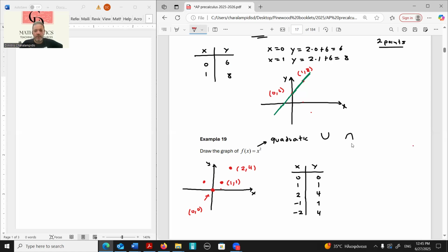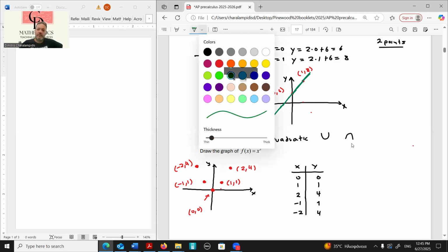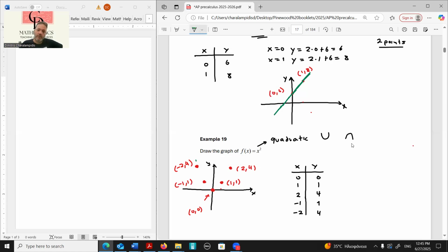Negative 1 and 1 should be here, and negative 2 and 4 should be here as well. Then all that is left is for me to just connect those.